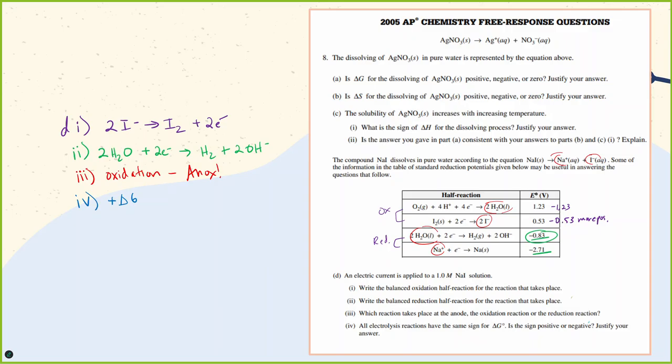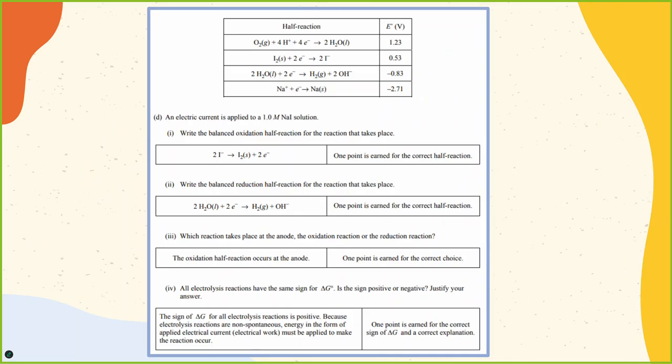Therefore, it is non-spontaneous, not thermodynamically favored, and delta G would have to be positive. So delta G for all electrolysis reactions is positive because the reactions are non-spontaneous. Energy in the form of electrical current is applied. There you go. That one's very similar to the one that we have in the notes.